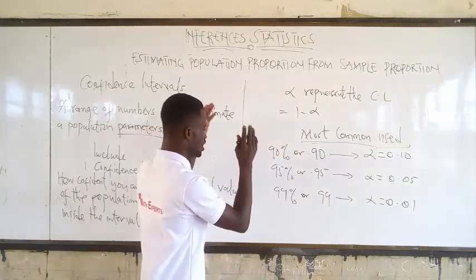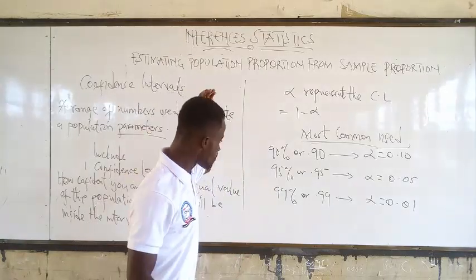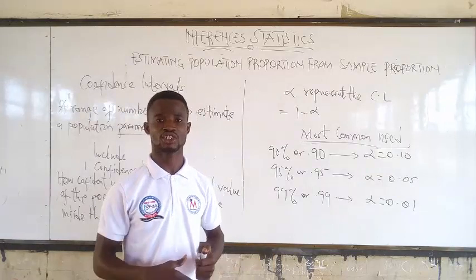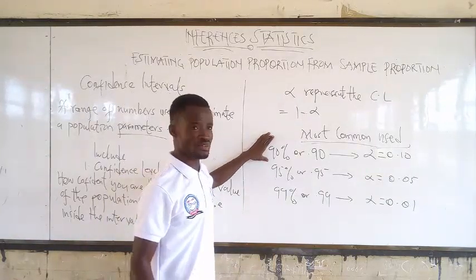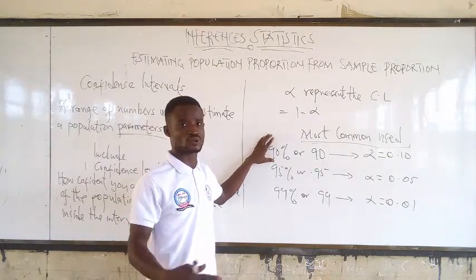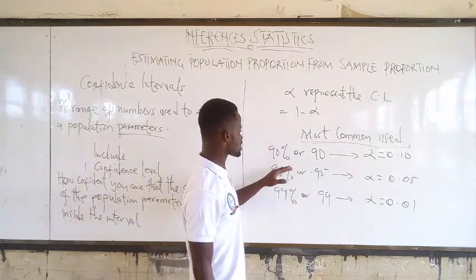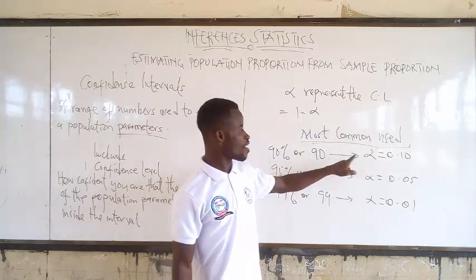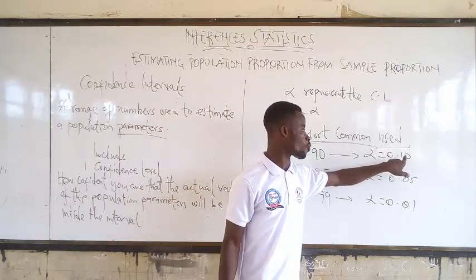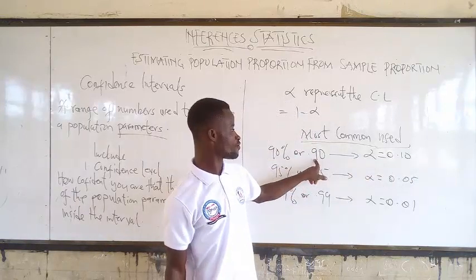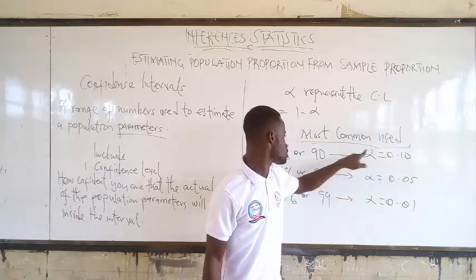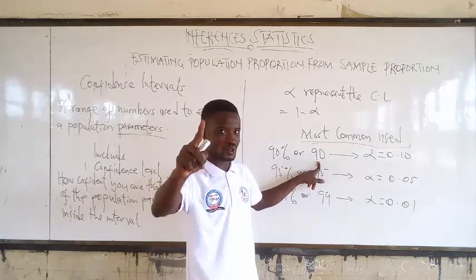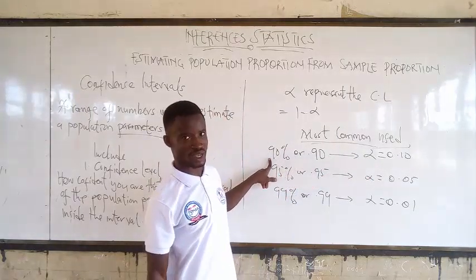I'm not saying that it's always this, but this is mostly what most questions use. In fact, even in newspapers, that's what they use. So 90% is the same as 0.90, and the alpha level is 0.10. You see, when you add this to this, you get 1. And you know 1 is the same as 100% when you take it to percentage.